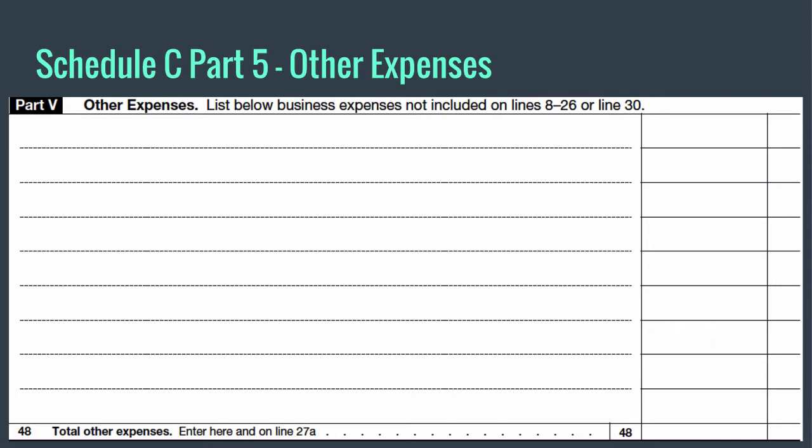Those can be items that you add here into other. So we want to be careful not to get too carried away into putting everything in other. You want to try to put it into a category up top, but don't be afraid to use other expenses if something just really doesn't fit into those standard categories.